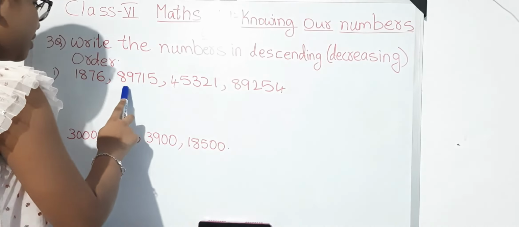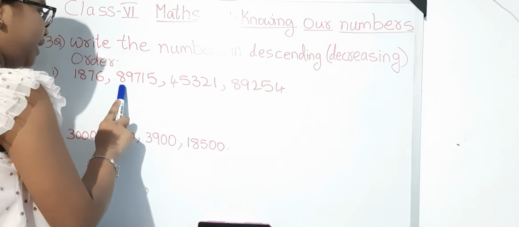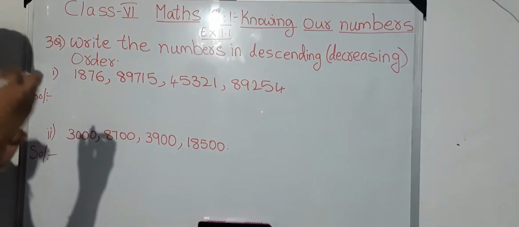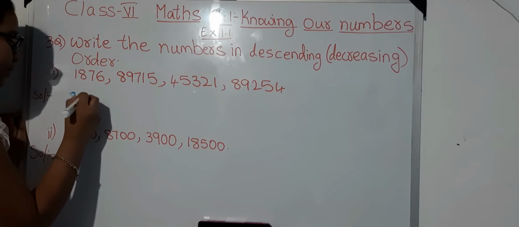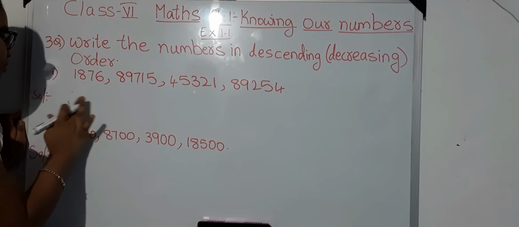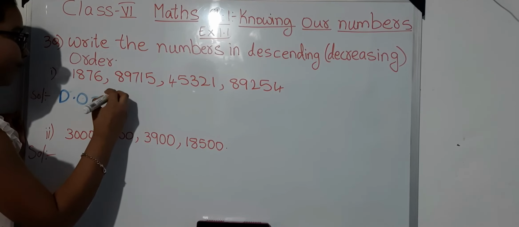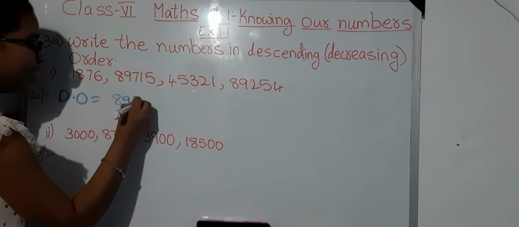So in this 7 is the greatest. So 89,715 is the greatest number. Descending order is equal to 89,715.